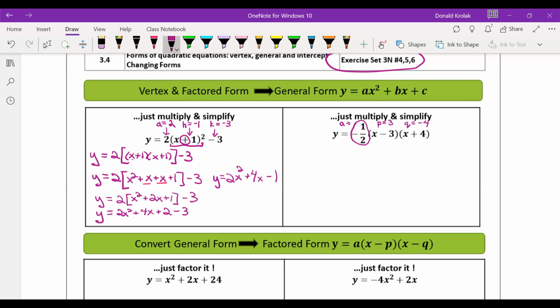And now it's in general form, in this format. It's the same thing, it just looks different. So we call that a transformation.